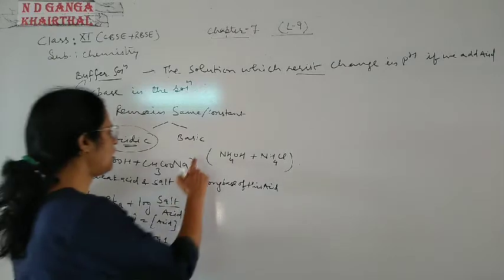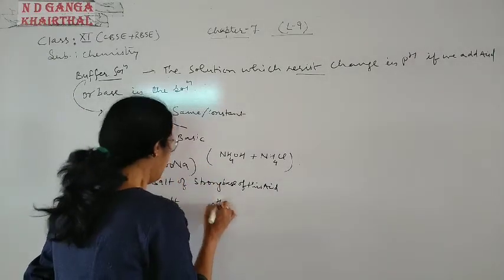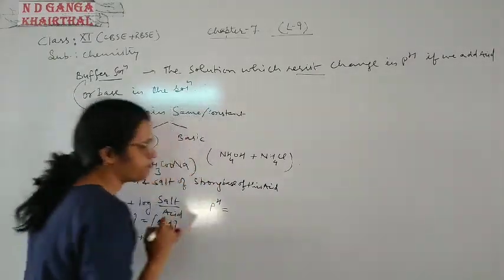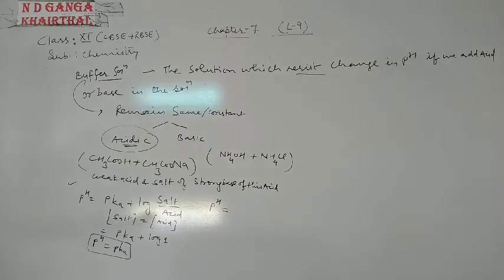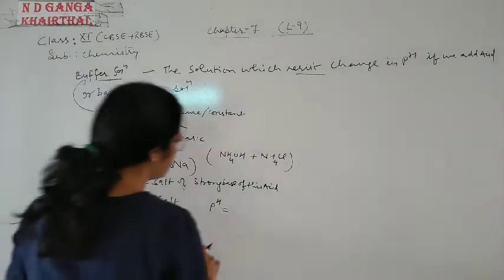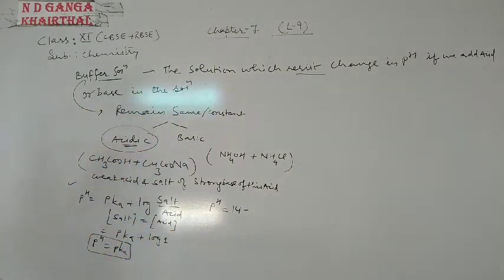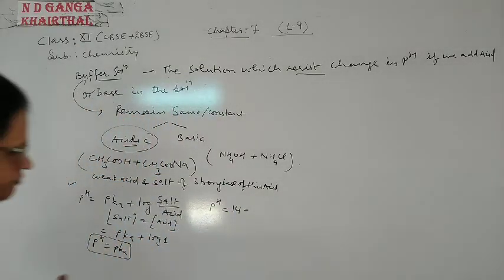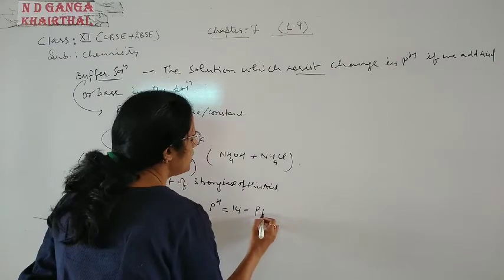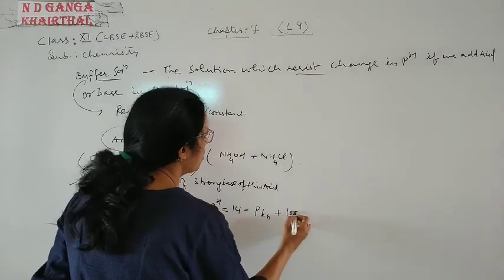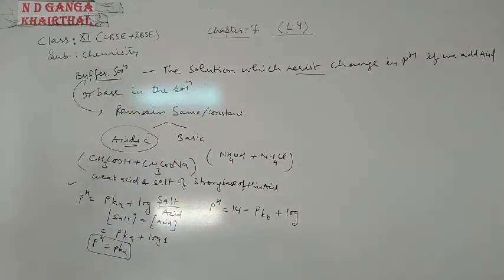And what will be the pH for a basic buffer? It will be equal to 14 minus pKb plus log salt upon base.